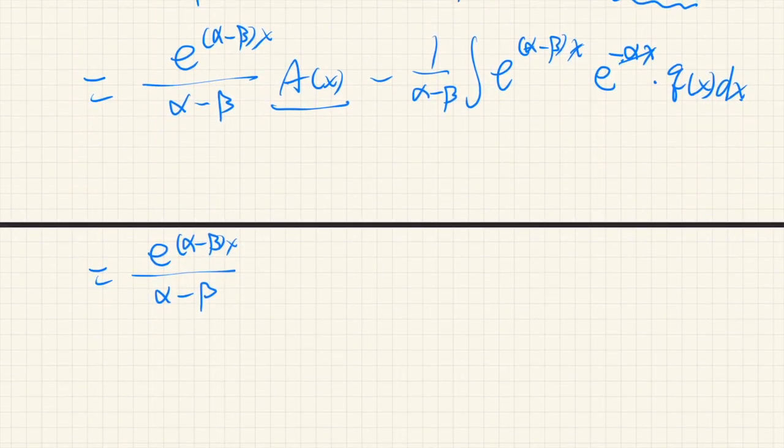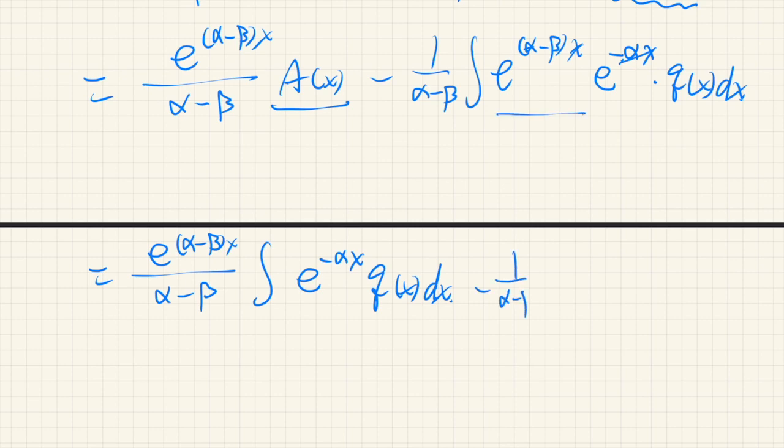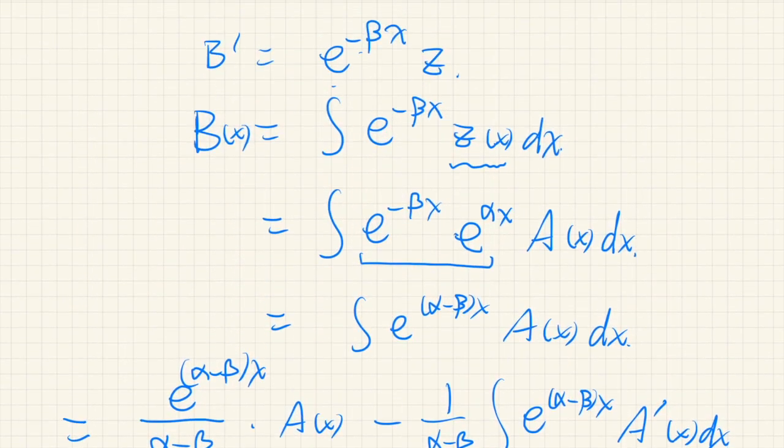So that is this exponential of negative alpha x and q of x dx, and this one, exponential of beta x and q of x dx. So this is the function b of x.